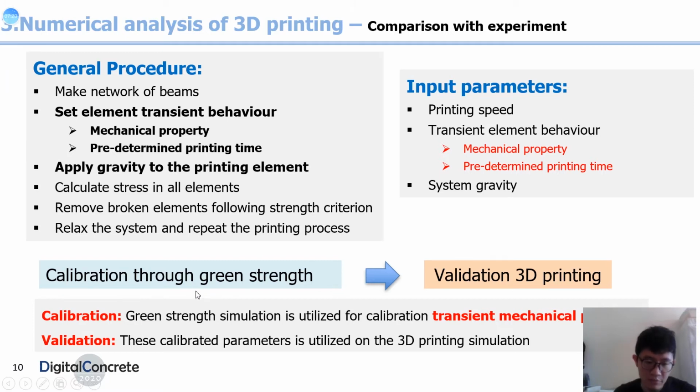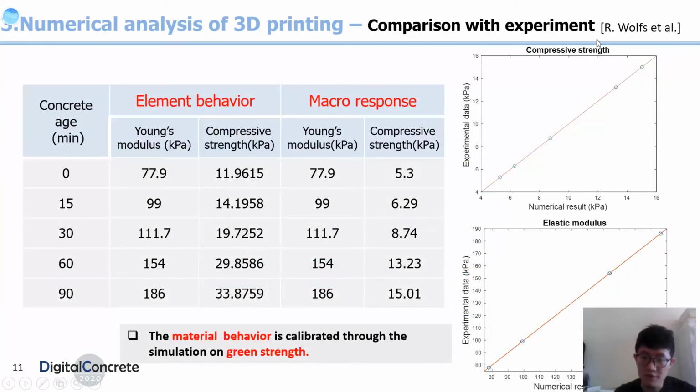We calibrate our input parameters. Here we choose Wolf's numerical experimental data, and we calibrate the mechanical properties at 0, 15, 30, 60, and 80 minutes. During this calibration work, we can get the element mechanical properties in the lattice.